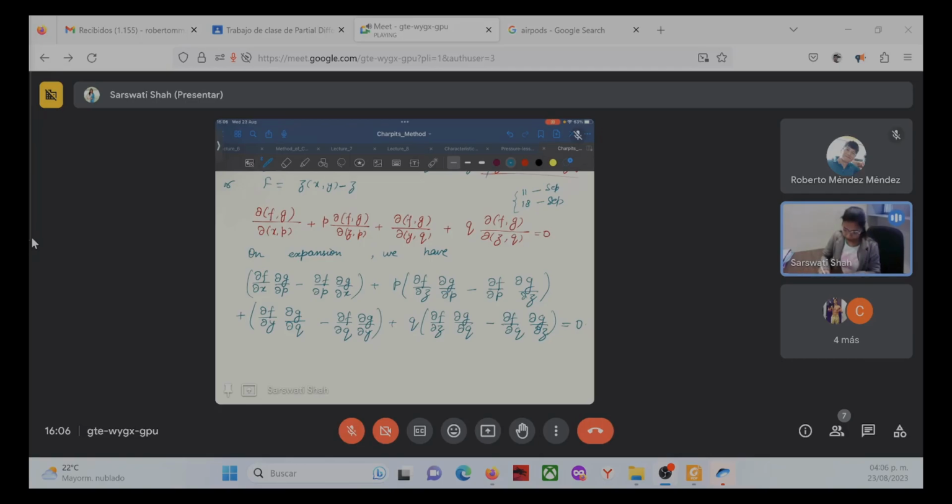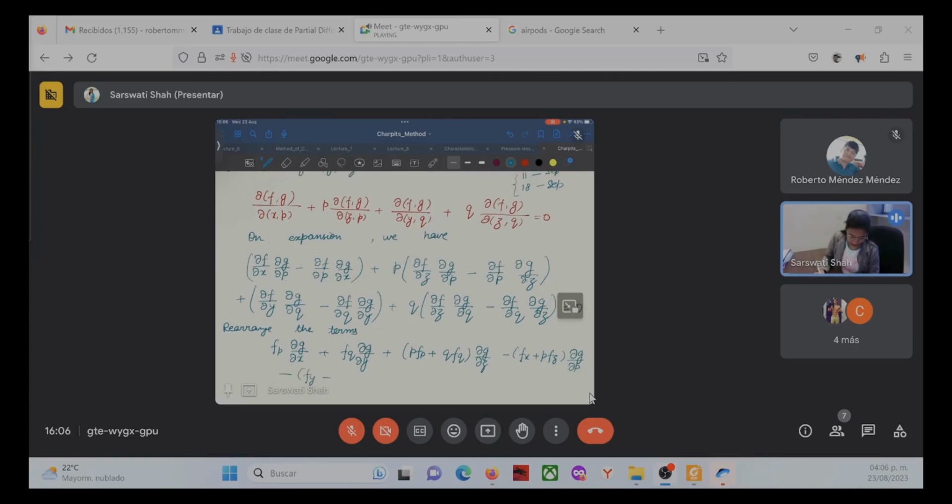So if we rearrange the terms, it can be written as: Fp del z over del x plus Fq del z over del y plus (P Fp plus Q Fq) del z over del z, minus (Fx plus P Fz) del z over del P, minus (Fy plus Q Fz) del z over del Q, equals 0.